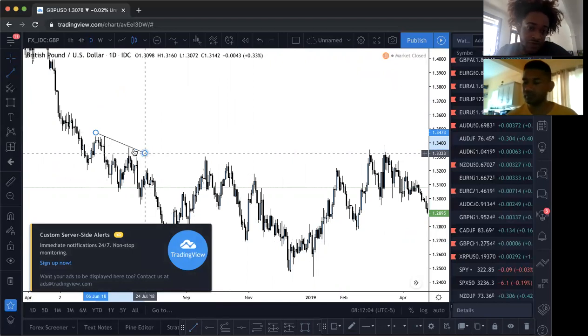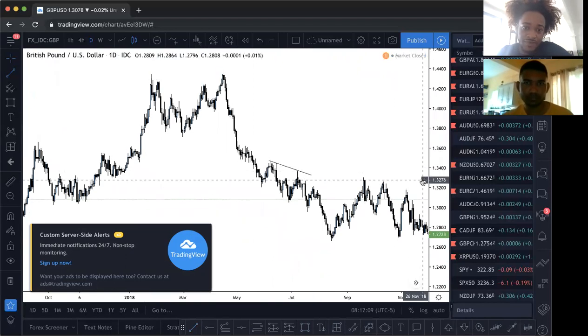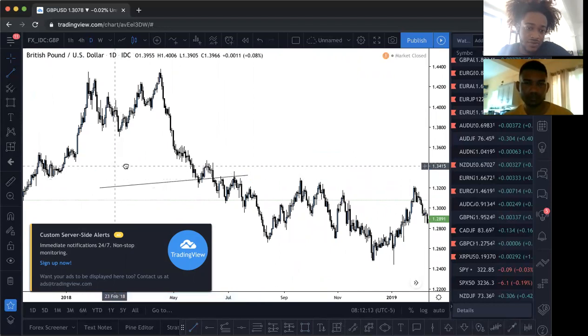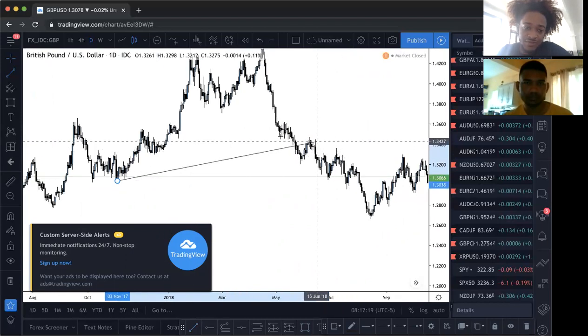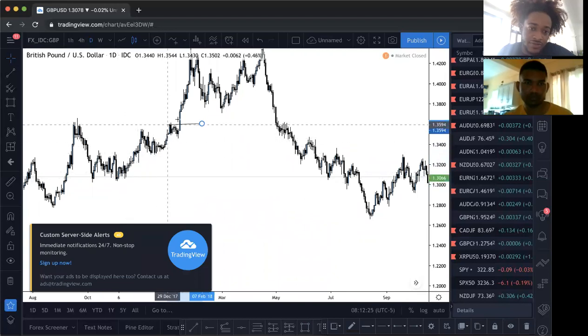So for example, say you're following the market on the daily chart, scrolling through and just connecting the two most recent. You had this one, then once this makes the new high, you connect this.